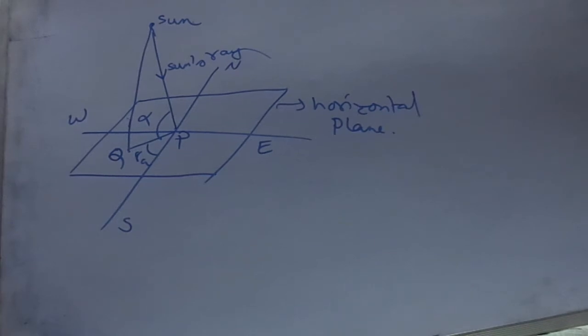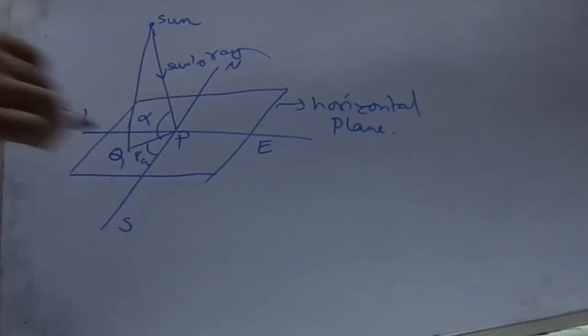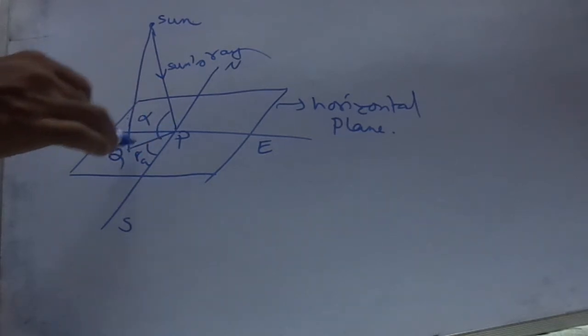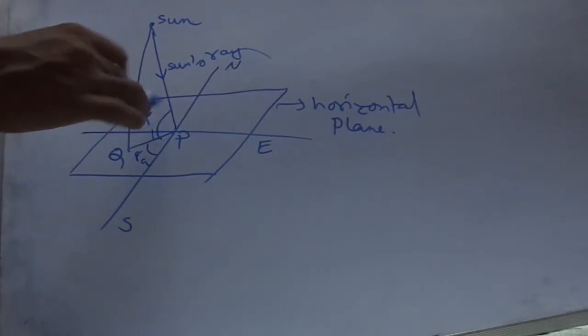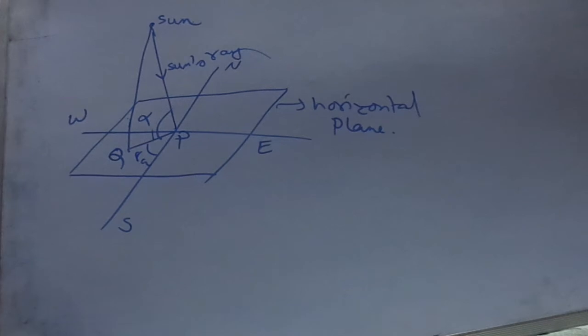The first one is the inclination angle between the sun's ray and its projection on the horizontal surface. This is the projection, and this angle is represented by alpha. Another one is the zenith angle, that is theta z.